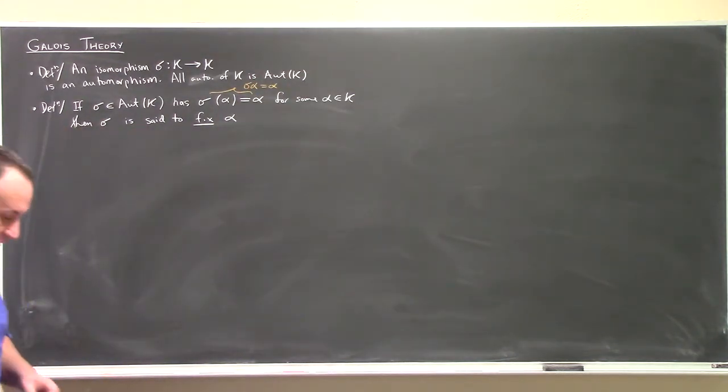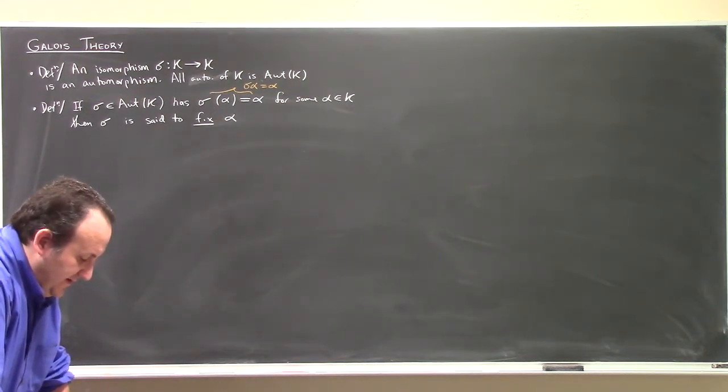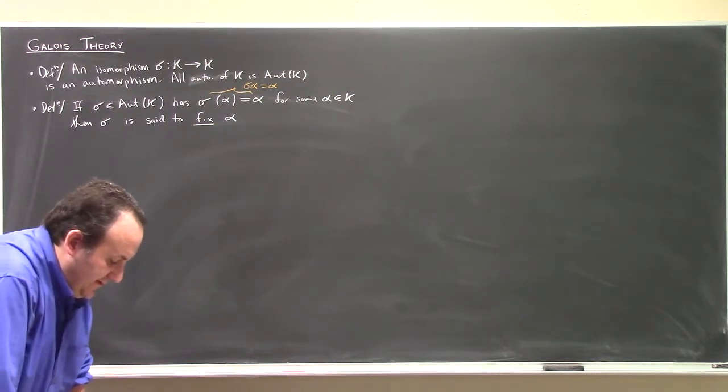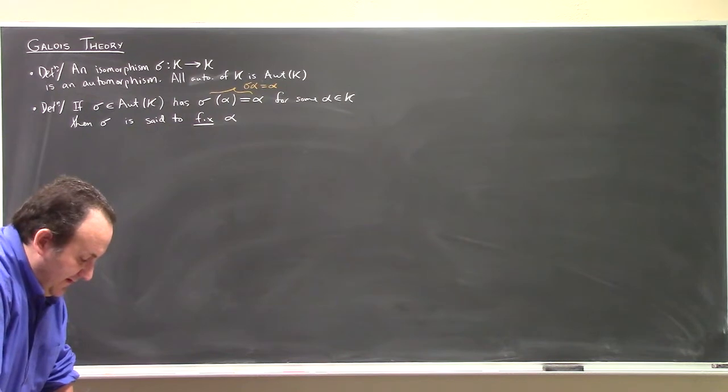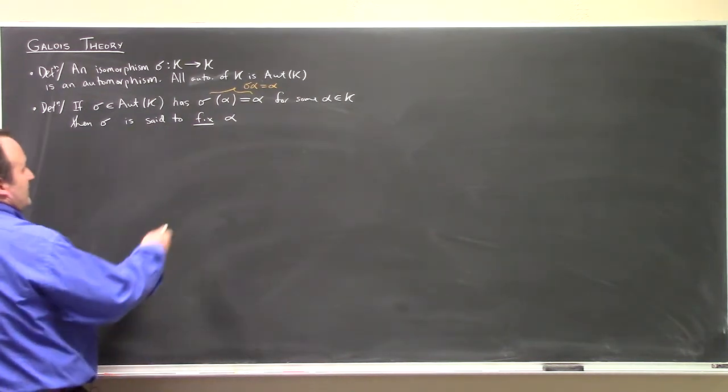All right. And he says, if F is a subset of K and the automorphism fixes every element of F, then it's said to be F-fixing, or said to fix F, right? So that we can extend this idea to subsets.